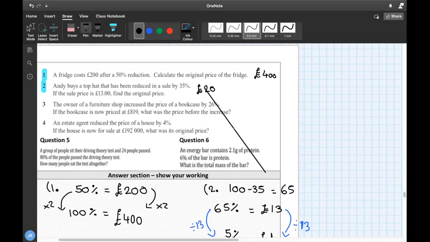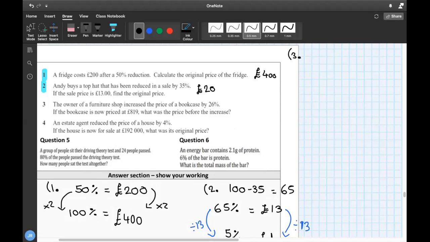Okay then, let's have a look at number 3 now. The owner of a furniture shop increased the price of a bookcase by 26%. So if we've increased the price, that means we've got more than 100%.